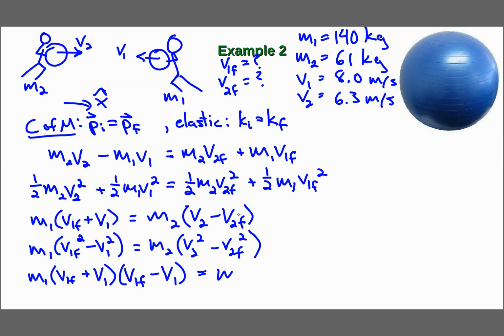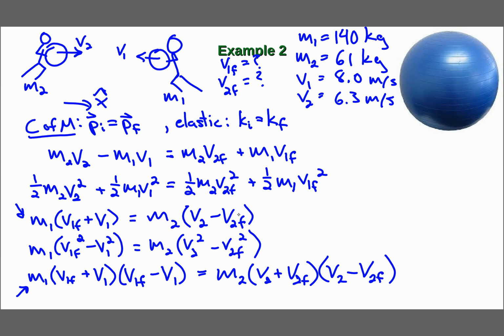And then I have m2, and I do the same thing: v2 plus v2f times v2 minus v2f. And then I can do the same trick where I divide this equation by the momentum equation, right?